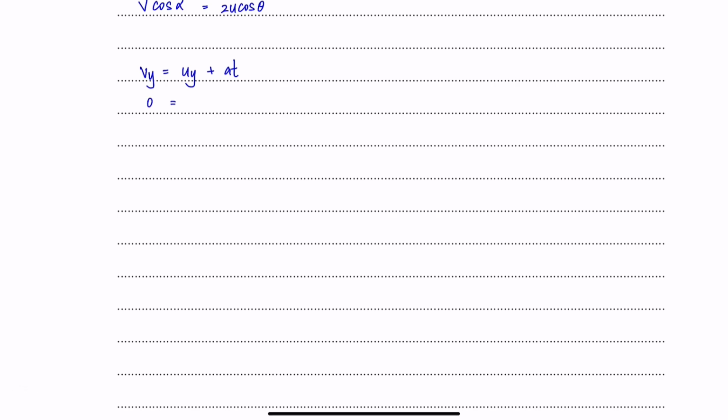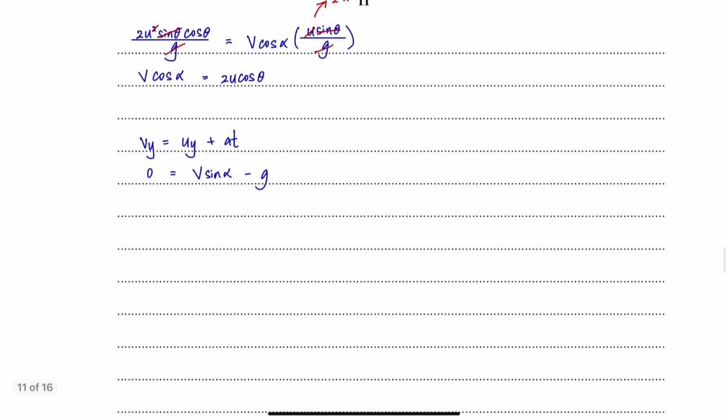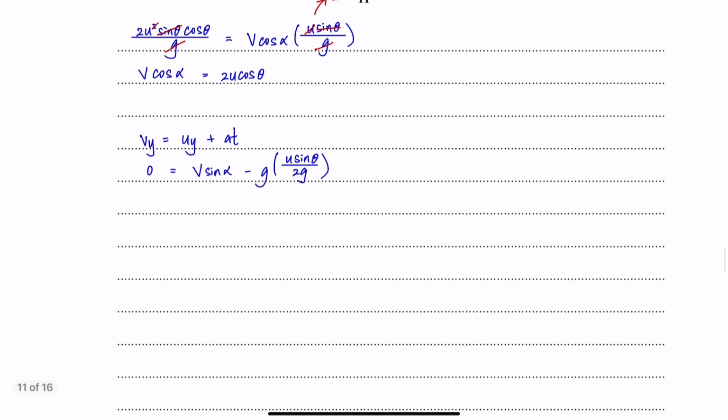The initial vertical component of the velocity would be v sine alpha. Acceleration would be negative g, and the time would be half of the time it uses to travel the whole path, so it would be u sine theta over 2g. So now v sine alpha is equal to u sine theta over 2.